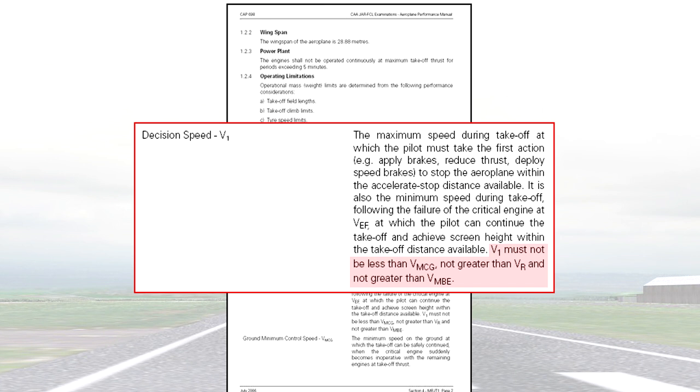But more importantly, at the end of the paragraph, we read that V1 must not be less than VMCG, and not greater than VR, and not greater than VMBE. Since V1 must be between VMCG and VR and VMBE, then depending on the values of these speeds, they may or may not push V1 to be higher or lower than the ideal V1 speed. We will understand this better once we have discussed what VMCG and VMBE are.